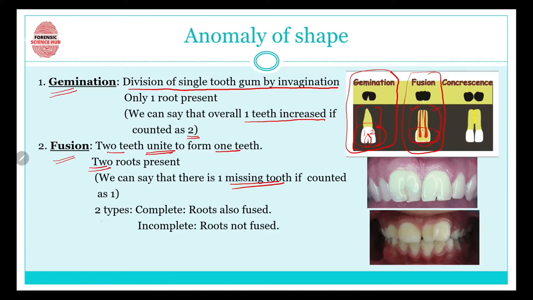There can be two types of fusion, complete fusion and incomplete fusion. In complete fusion, the roots are also fused, whereas in incomplete fusion, the roots are not fused, only the white portion is fused, right? As you can see in this particular picture, this is an example of gemination. As you can see this invagination, right? And this is an example of fusion in which two teeth have fused with each other.